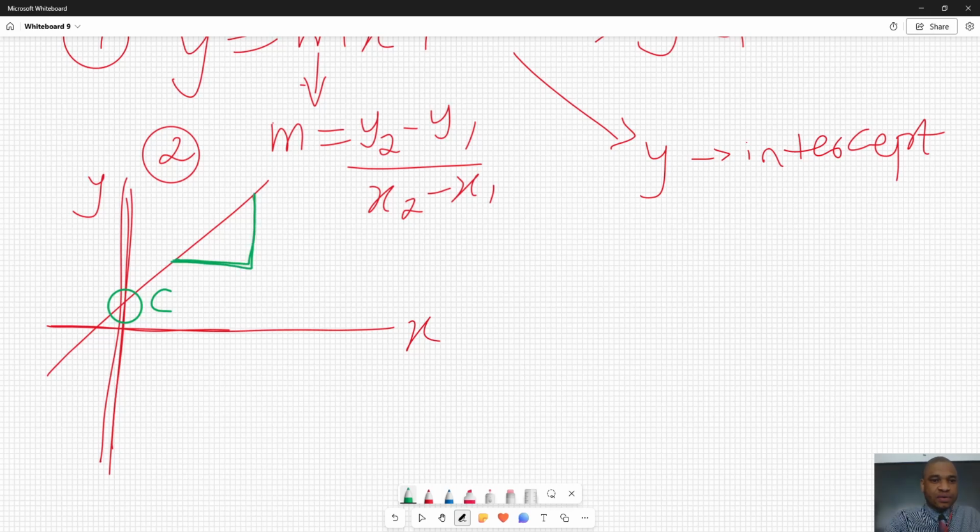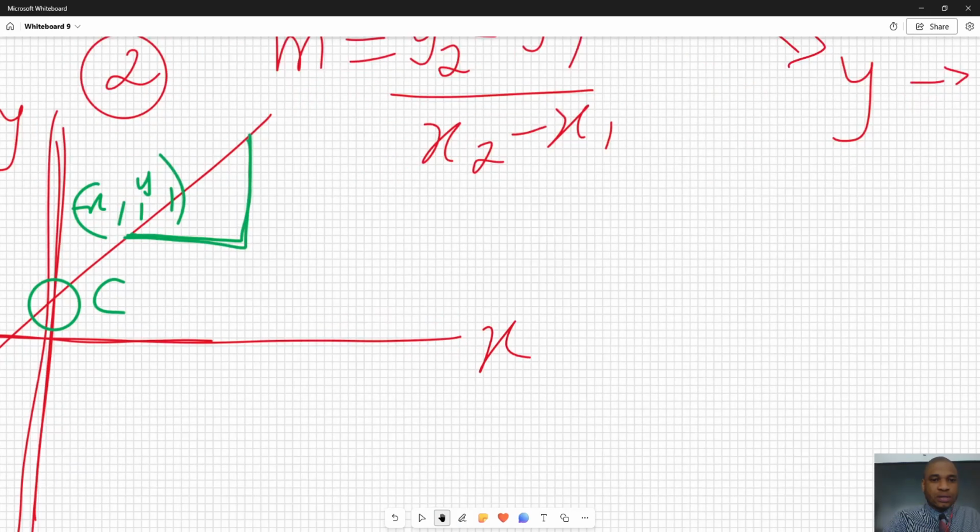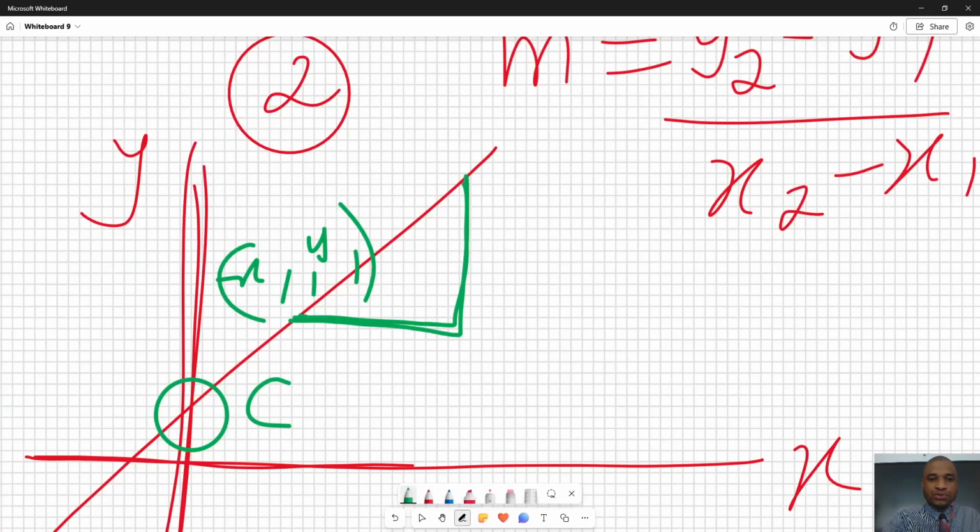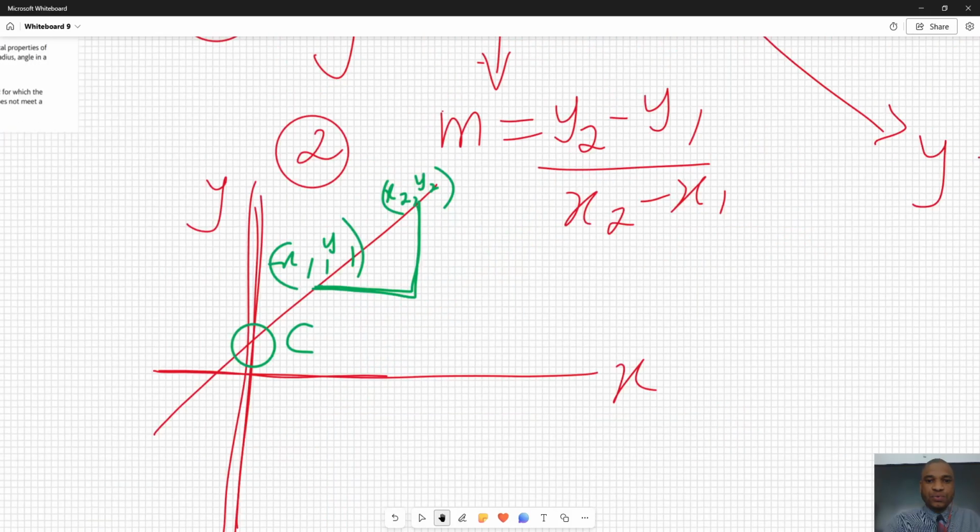Here can be your (x1, y1), then the other point can be (x2, y2). Then you can use the formula for gradient.